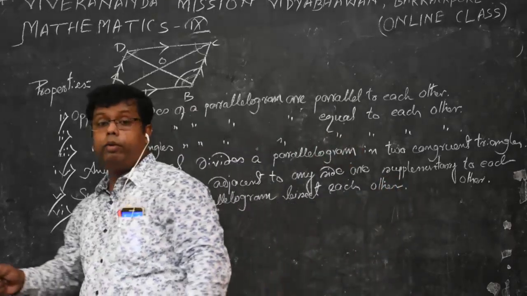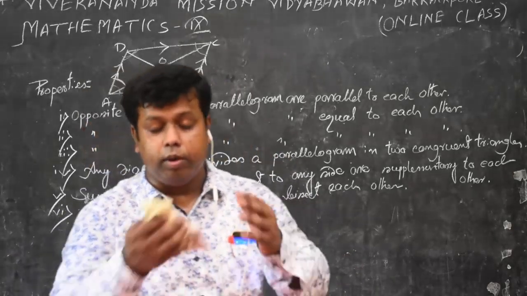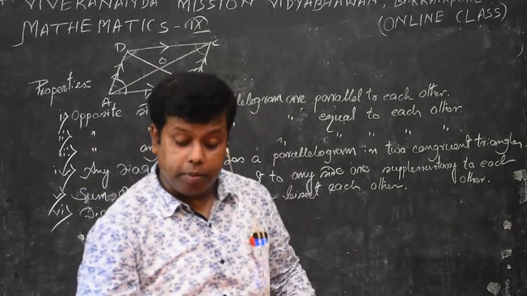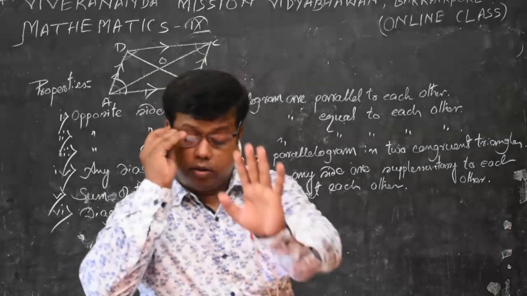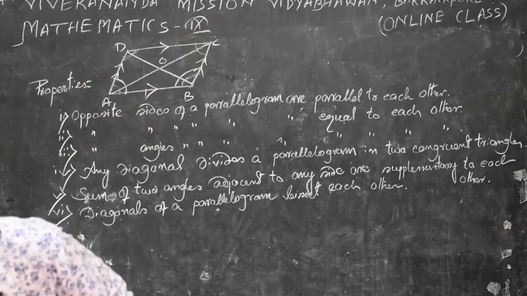Okay, whenever you want to prove a quadrilateral is a parallelogram, then anyhow you have to prove the opposite sides are parallel. Okay, now we are going to start theorem number 14.